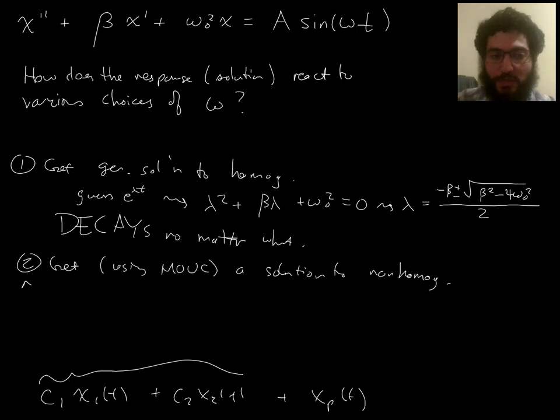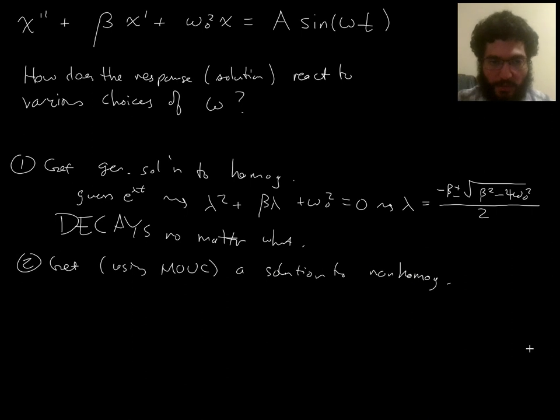That makes this situation a little bit easier than the undamped situation, in that you can understand what's going on long term by just looking at this part. The steady state part of your solution ends up being basically the x particular, the one you get from the method of undetermined coefficients. Okay, so that's one comment.